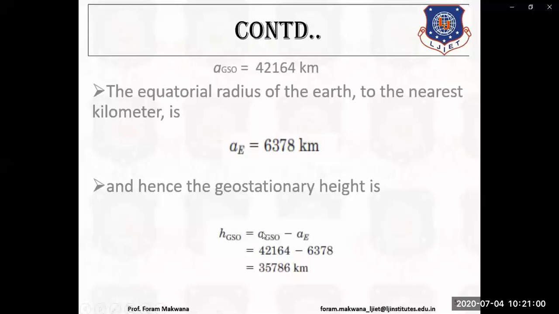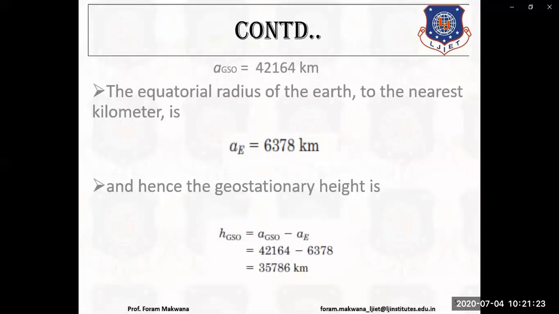We know the value of radius of geostationary orbit is 42,164 kilometer minus radius of Earth, that is 6378 kilometer. Then we will get the height of geostationary orbit to be 35,786 kilometer.